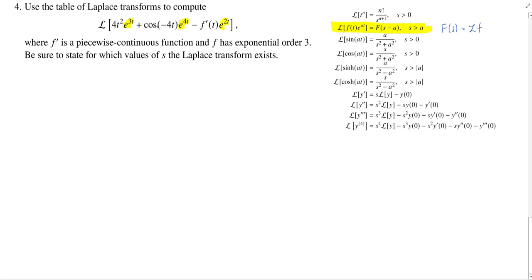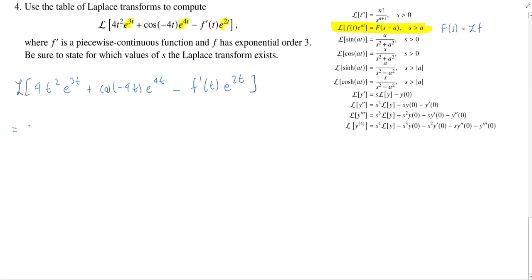All right, so we have this Laplace transform of a sum of functions. We know we can break up the Laplace transform and even pull coefficients out because the Laplace transform is linear. So the Laplace transform of, and we'll just copy here, 4t squared e to the 3t plus cosine of negative 4t e to the 4t, minus, okay, now that's kind of weird, there's a derivative of some function times e to the 2t.